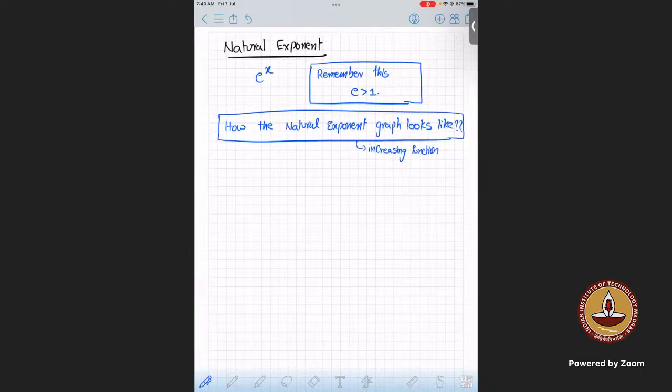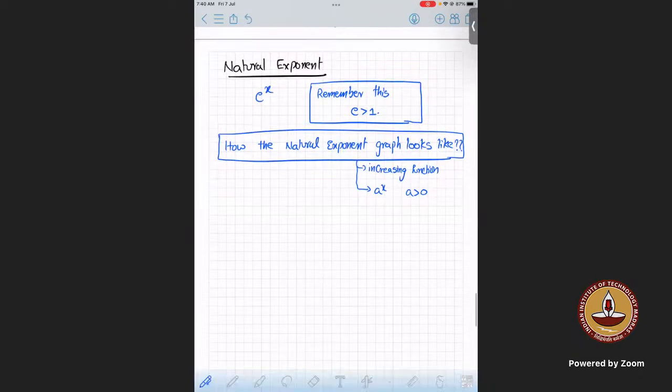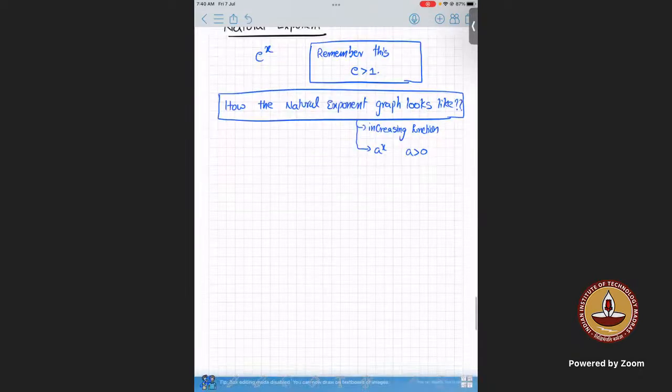It looks like a power x when a is greater than 1, not 0. Agree?